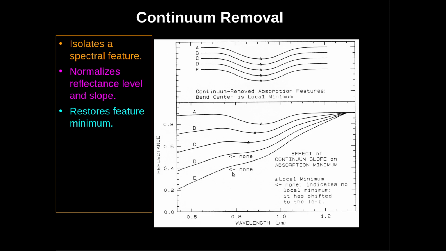For example, you can almost barely see a feature here, but when we remove it, it's here and it looks exactly like curve A. So that's an important step in the identification process, defining the continuum, and we need to define it so it isn't interfered with by other compounds that may be present.